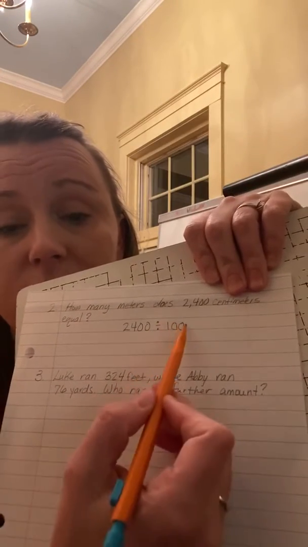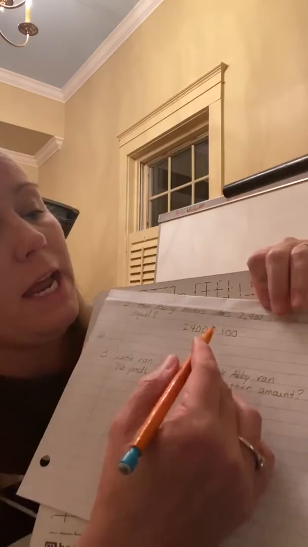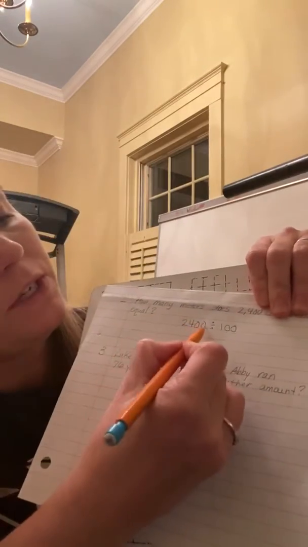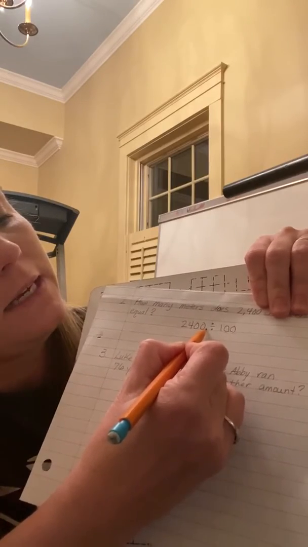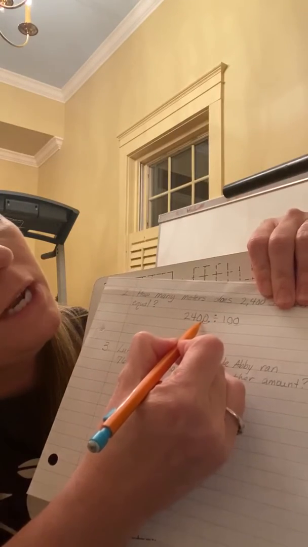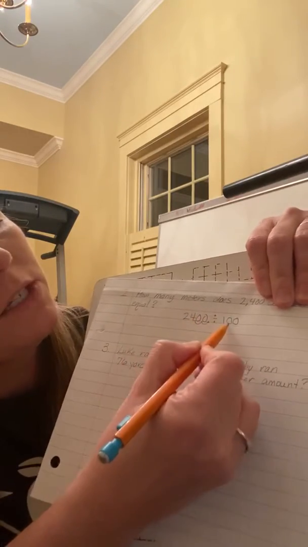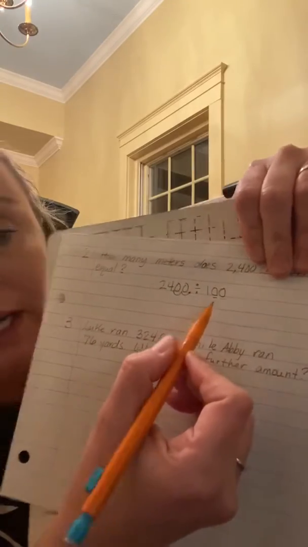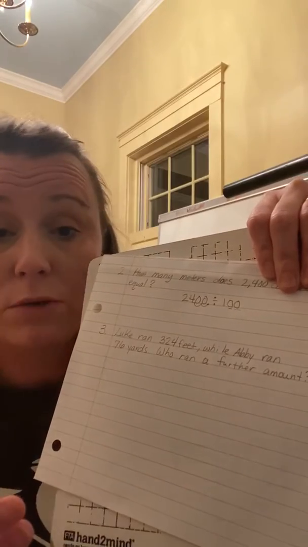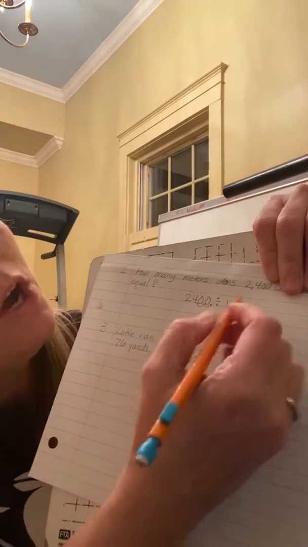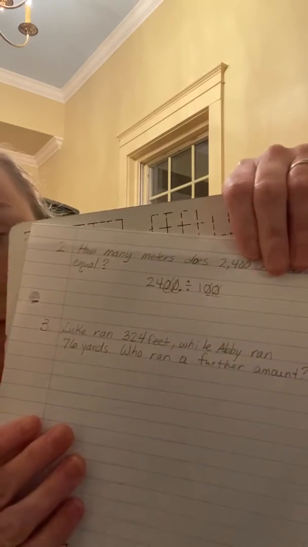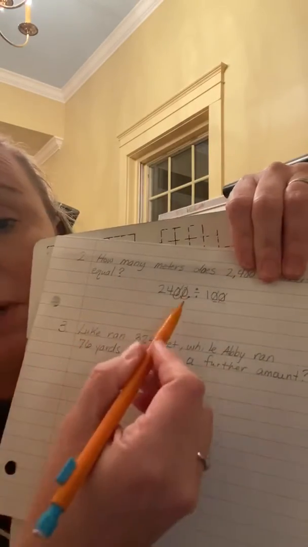We know when you're dividing by a power of 10, and I have 2 zeros, I'm going to assume that there's a decimal at the end of this whole number, 2400, and then I'm going to just move that decimal back 1, 2 spots because there are 2 zeros in the 100 that I'm dividing it by. And we learned that when we were dividing by powers of 10, the zeros cancel each other out on both sides.